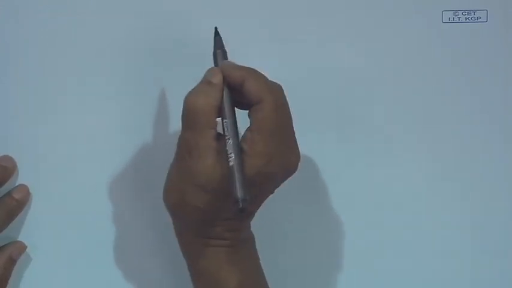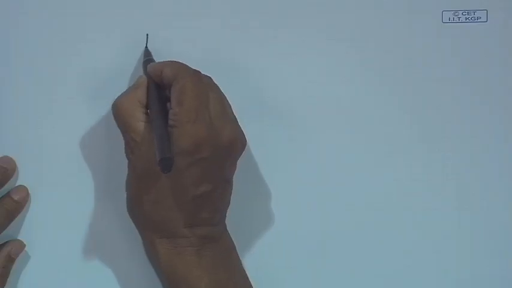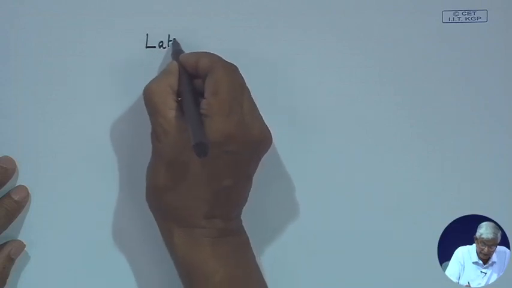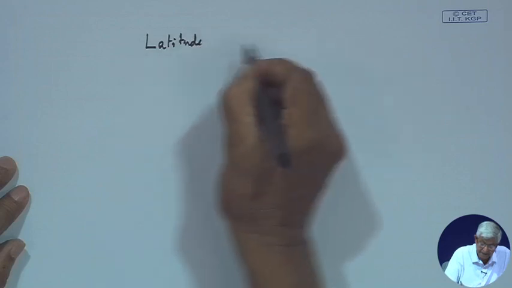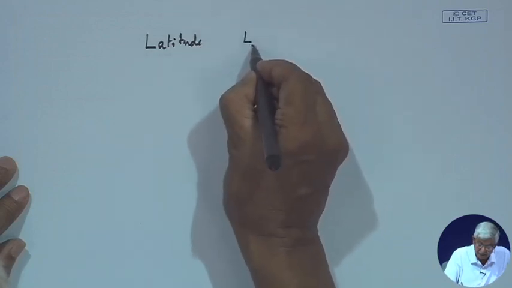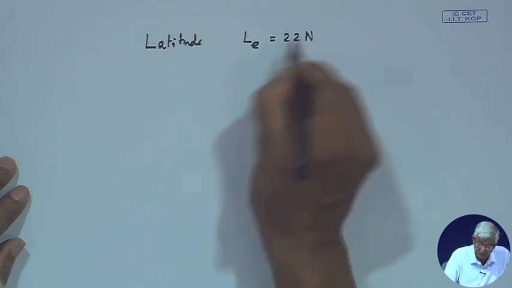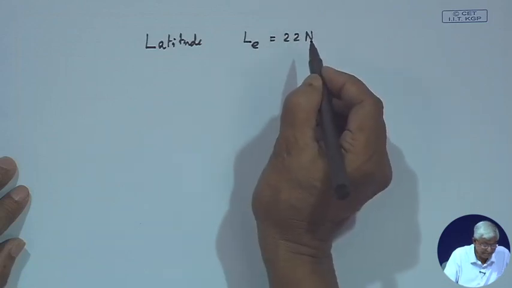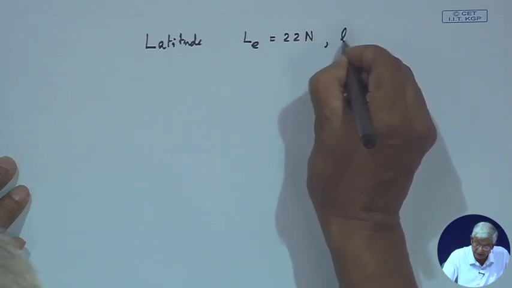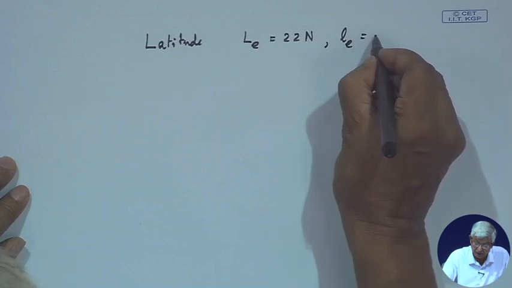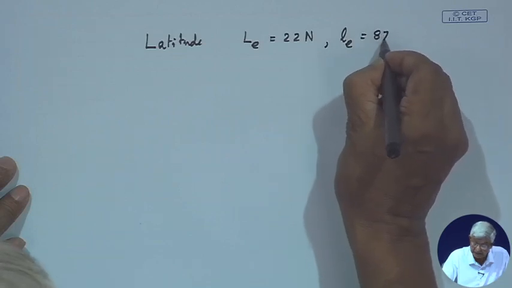If you remember, latitude and longitude both start with L. So, we said that we will call capital L as latitude, and small e for earth station, which is given as 22° north. And longitude we said small l, and small l of earth station, that is longitude of the earth station, was 87° east.